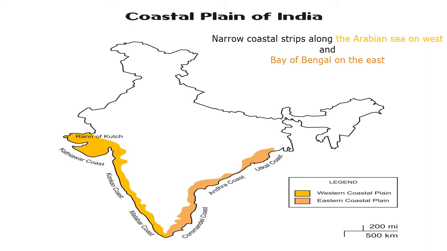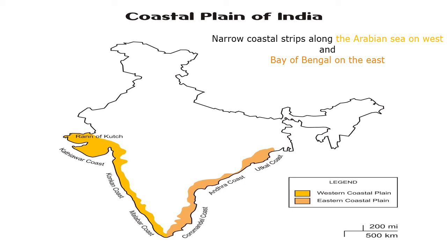You can see here the Konkan coast, the Malabar coast, the Coromandel coast, the Andhra coast and the Utkal coast. The major rivers Mahanadi, Godavari, Krishna and Kaveri together form the coastal plain on both the west and east sides of the country.